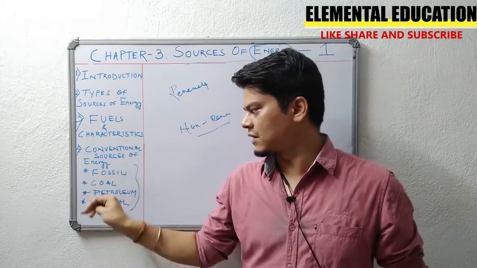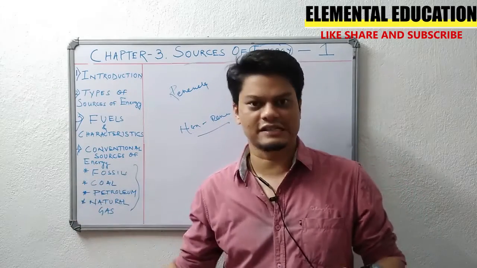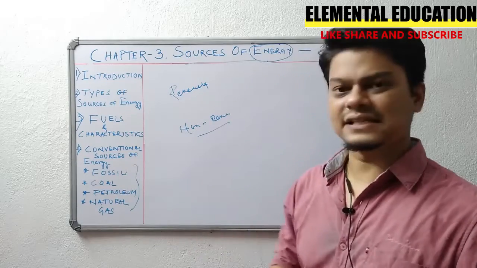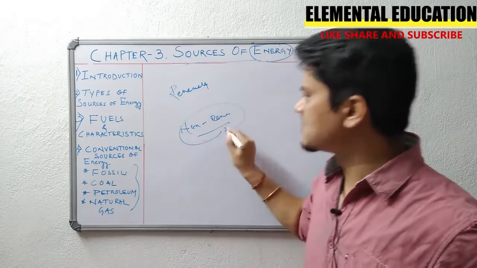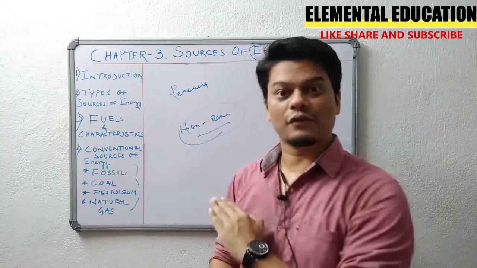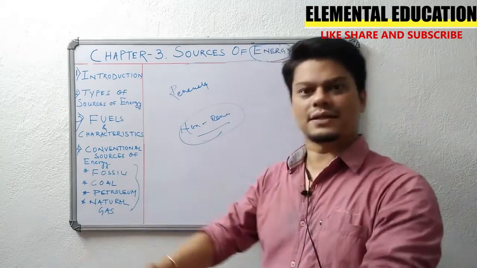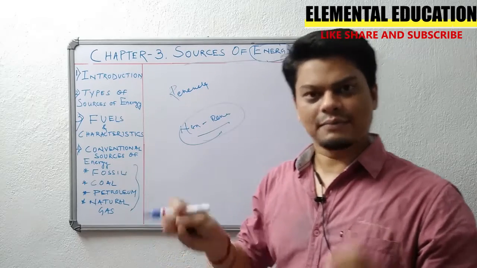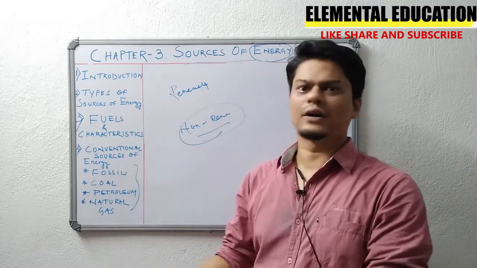Coal, petroleum, natural gas, all of them are called fossils. So they are converted into fossils. Those fossils are known as non-renewable sources of energy, because they are created over millions of years. It is not that if I bury something today, I can make it. The nature has made it. If I bury something or a dead body, it will get decomposed.